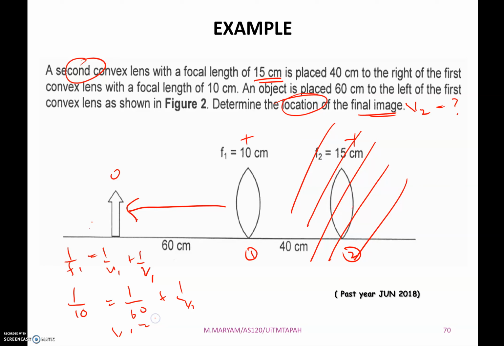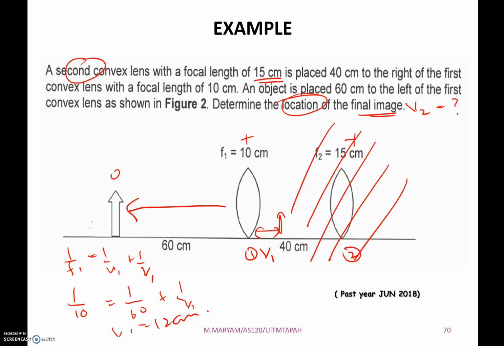So for v1 here I will get 1/10 minus 1/60, then 1 divided by the answer. Don't forget to divide by 1. You will get 12 centimeters. So it should be somewhere around here. This will be your image. Now this is just an estimation of the image, but you know the position already.